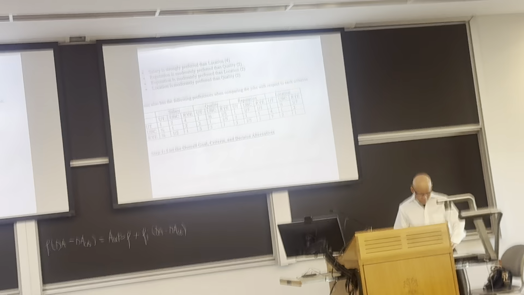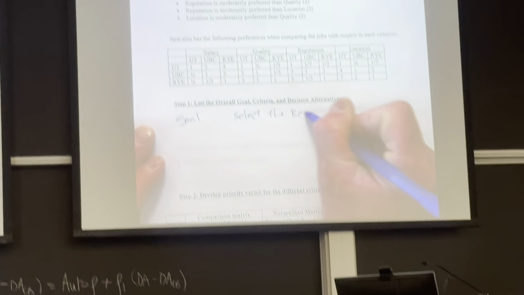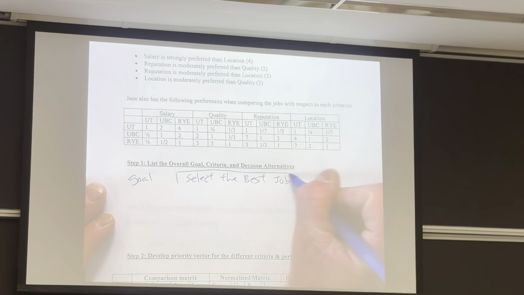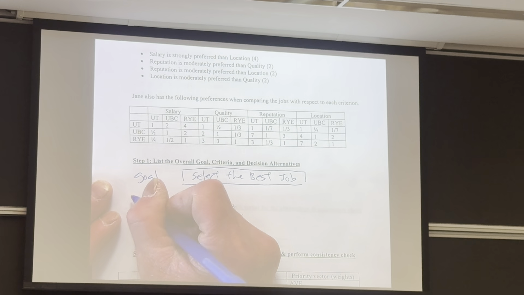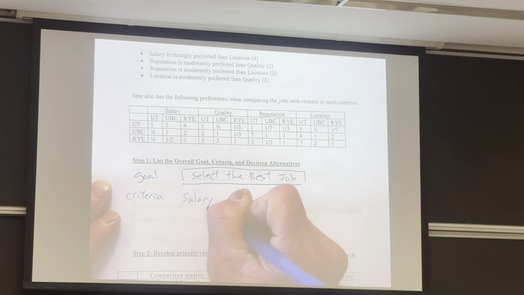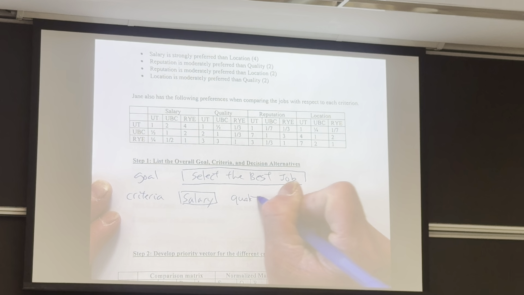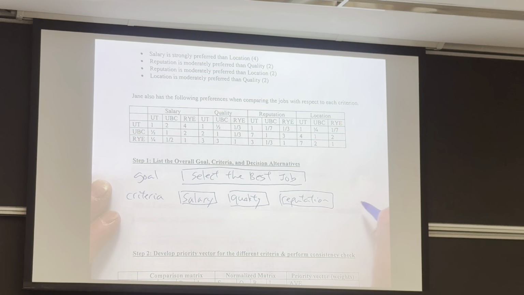Okay, so list the overall goal, criteria, and alternatives. In this case, our goal is to select the best job. Then our criteria, we have 3 or 4: salary, quality of life, the reputation of the school, and the location, whether it's near relatives or not.